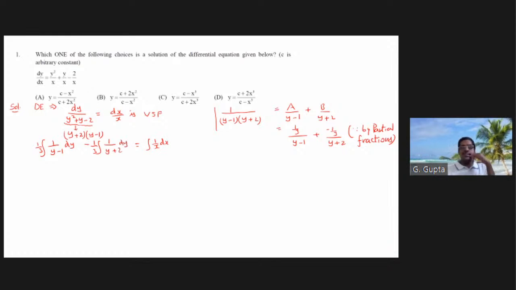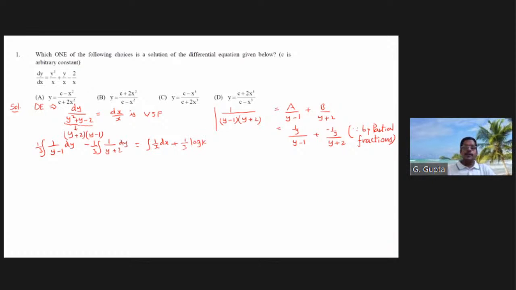So we should add c. Depending on the options, we should add sometimes log c or minus log c, or 1 by 3, since 1 by 3 is common in many of the integrations. So you can take plus log c or 1 by 3 log c, whatever you want. So I want to denote 1 by 3 log k.